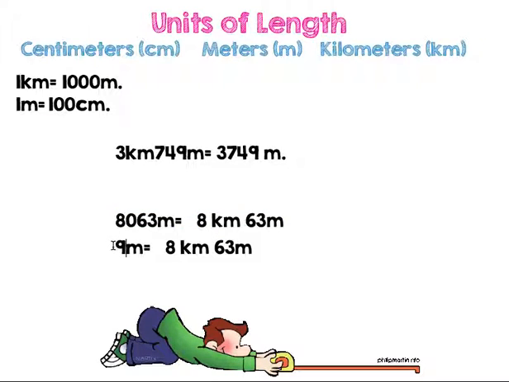Let's practice another one like this. Imagine they tell you now 9,006 meters. So, how many thousands do you have? 9,000. So those are your kilometers. Every thousand is a kilometer. So it's 9,006. So that's 6 meters.